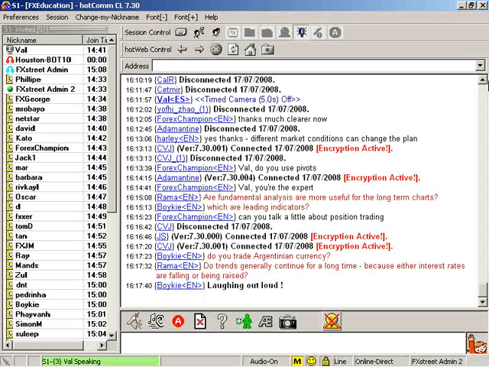Forex champion, about position trading. It's kind of the same we have been talking about right now, but the difference is that you take a look at longer term charts, okay, and of course you have longer supports and limit zones, okay.